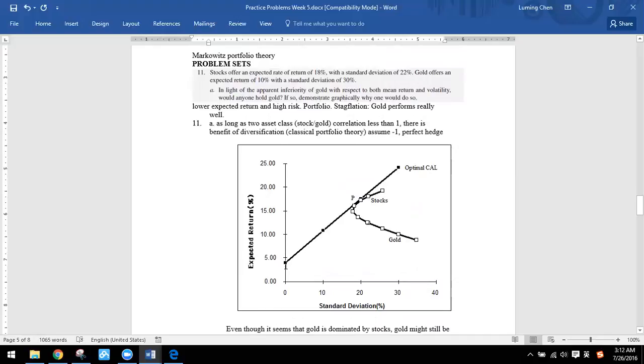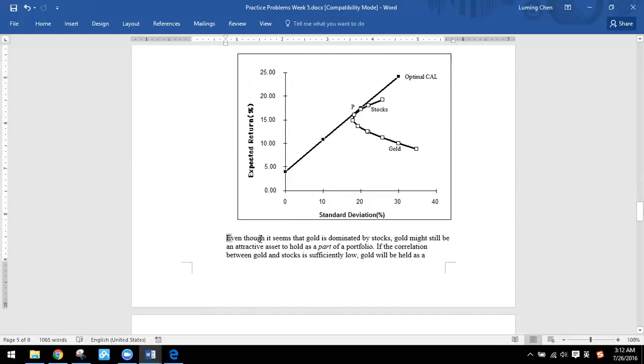And if we draw a tangency line between the risk-free rate and the efficient frontier, we'll get the tangency portfolio, or the optimal tangency portfolio, which is P.